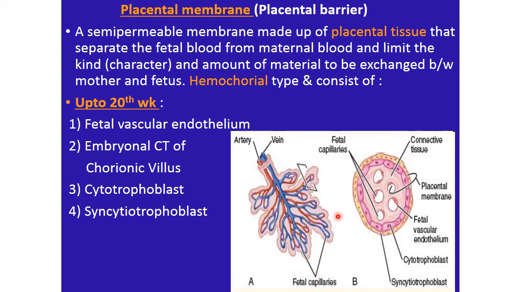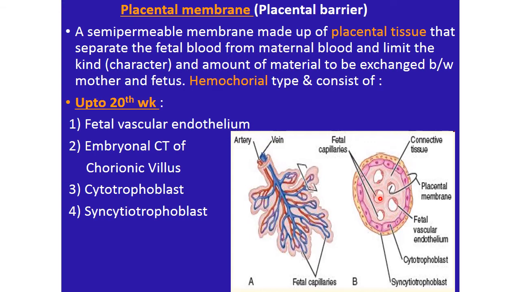Suppose this is the intervillous space, and if we take the cross section of those villi, we will see that fetal blood is present in the capillaries in the core of the tertiary villi.